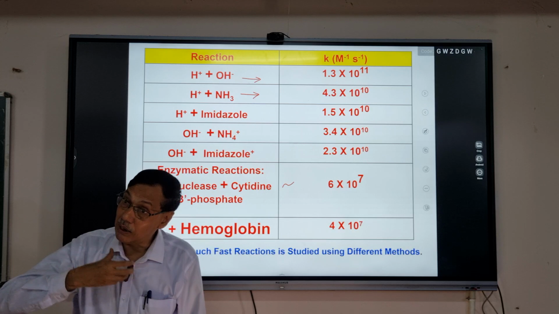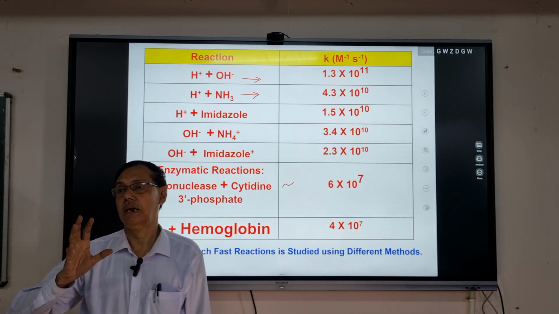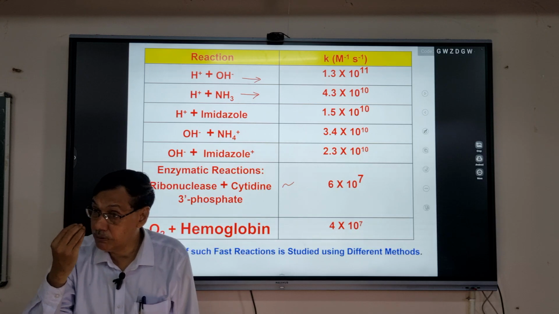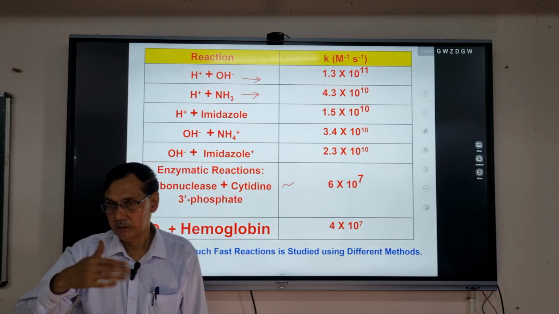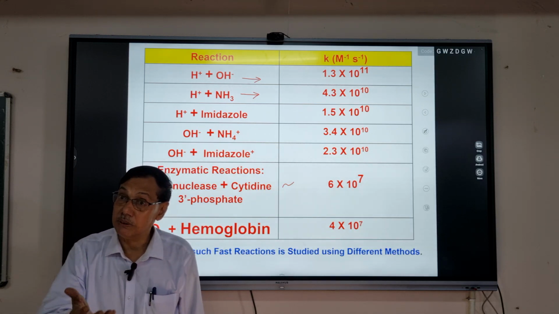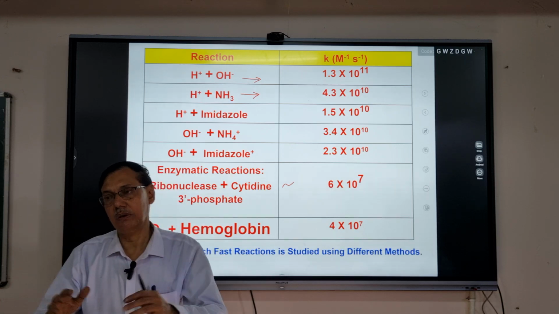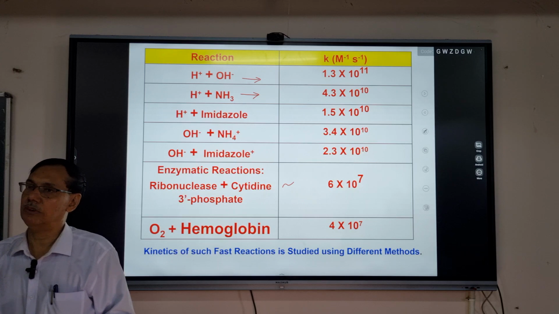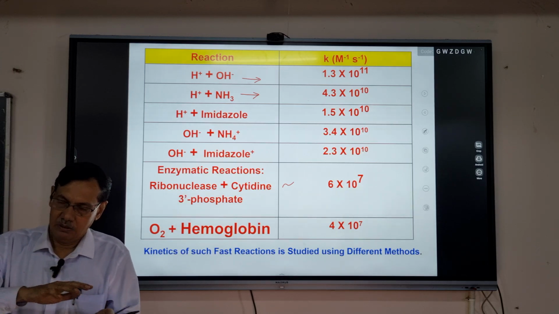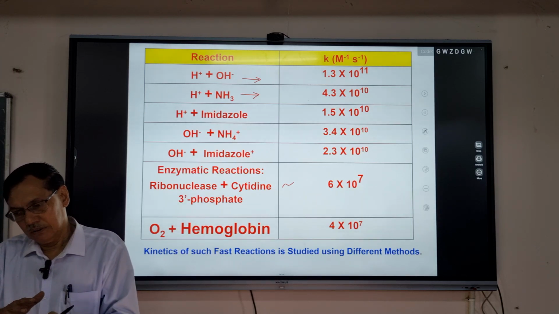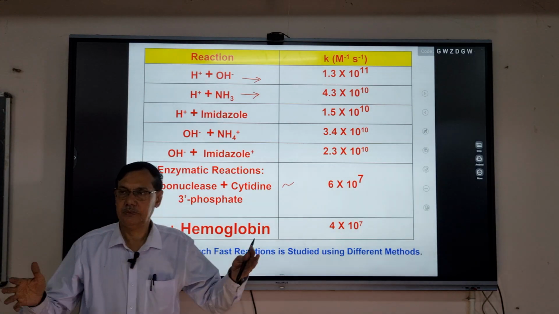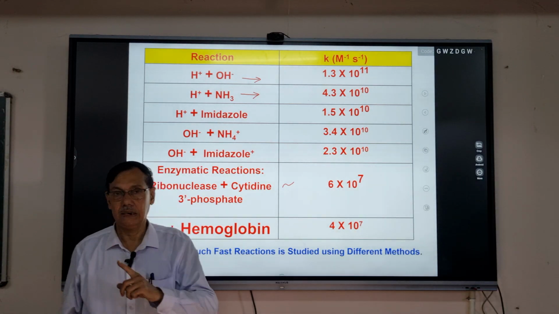And most of the biological reactions, like enzyme-catalyzed reactions, photochemistry of vision, you will learn in the 3rd semester in photochemistry. Photochemistry of vision is one of the best examples of femtosecond spectroscopy. Conformational change from beta-rhodopsin to meta-rhodopsin, with a large number of changes, is also a fast reaction.